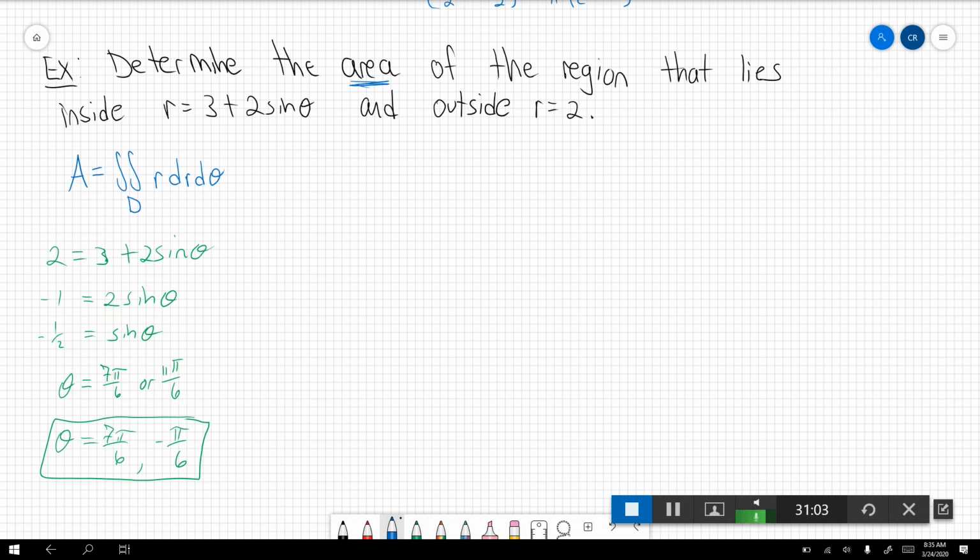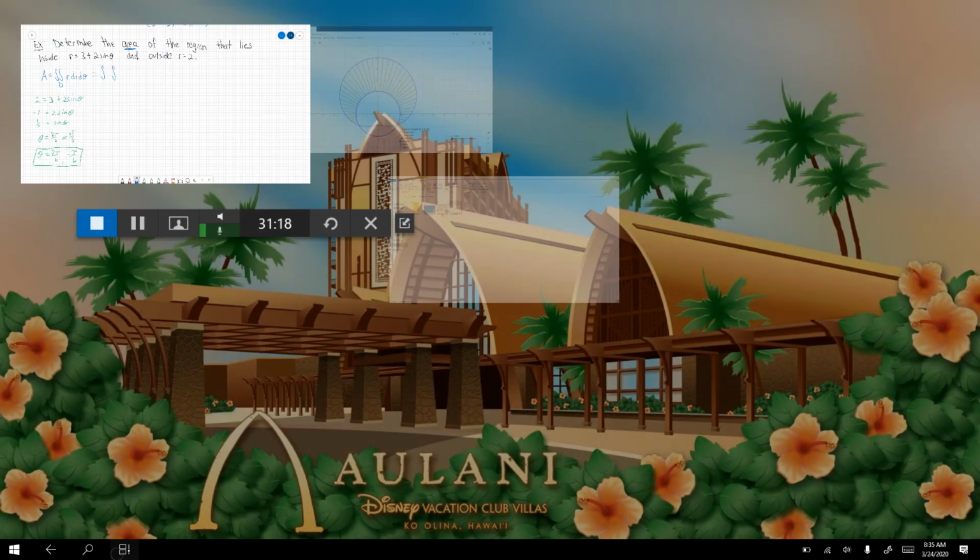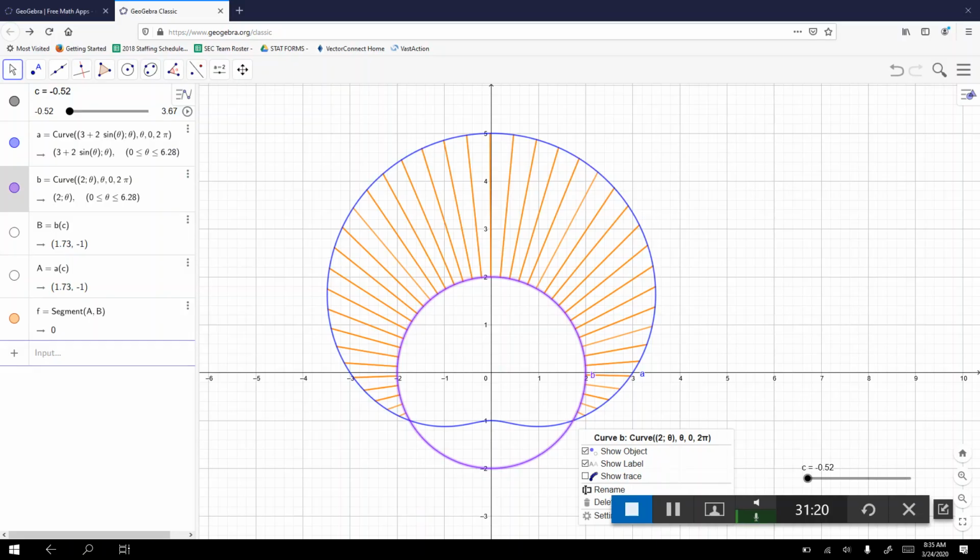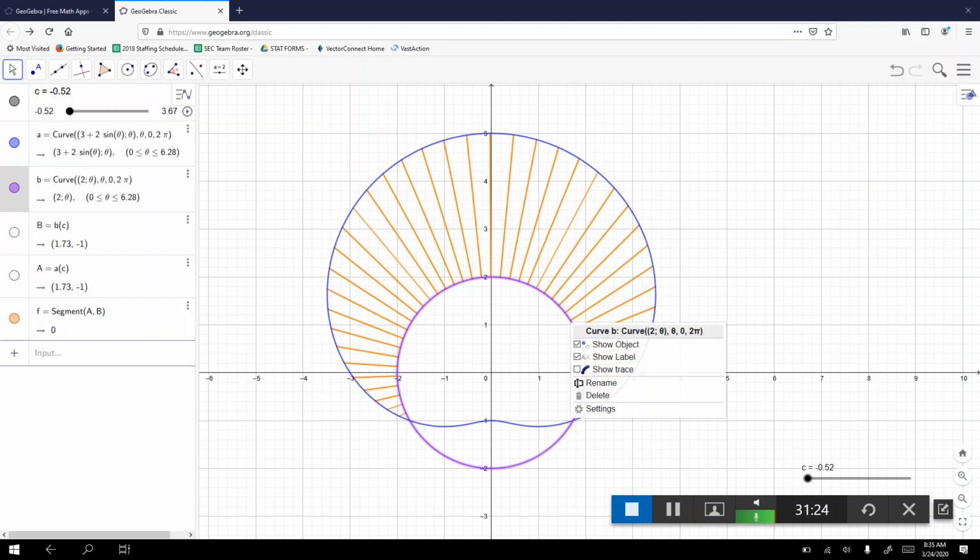Alright, so here we go, setting this up. Double integral. So the innermost integral is going to be the radii. What is the radii sweeping through? When we look at this radii, where does it start? It starts here at the circle, and it goes all the way to this outer function.